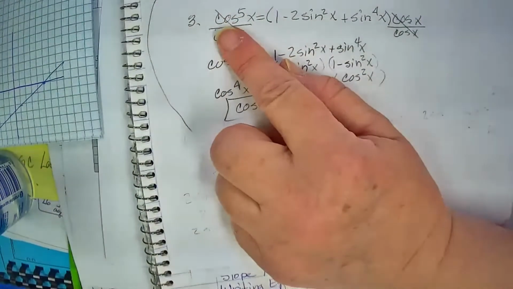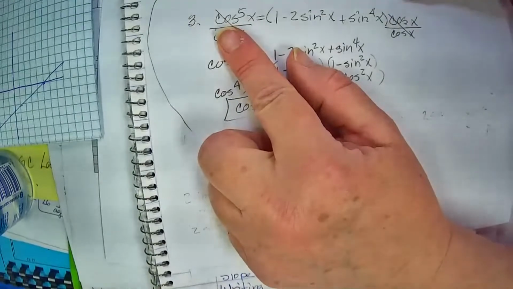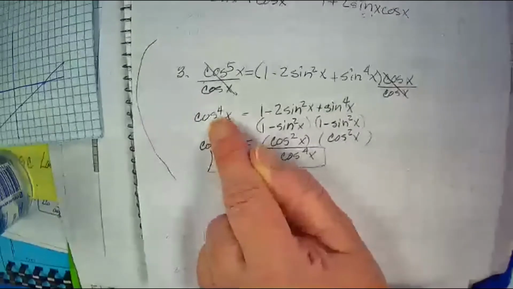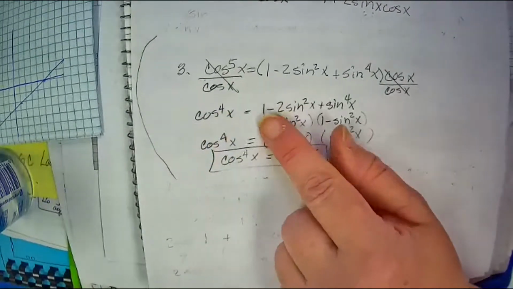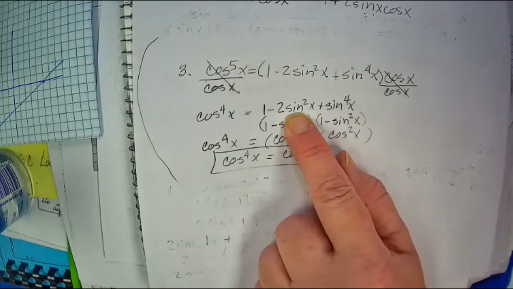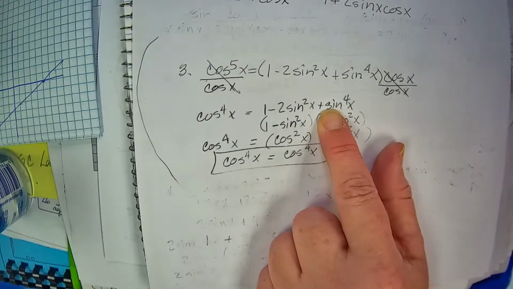So here, I started looking at this side. Okay, and so that brought us down to cosine to the 4th x. And then you're just left with the first parentheses, 1 minus 2 sine squared x plus sine to the 4th x.